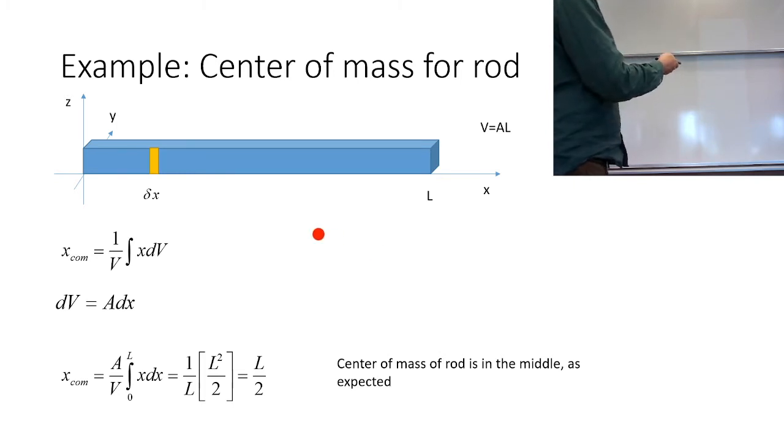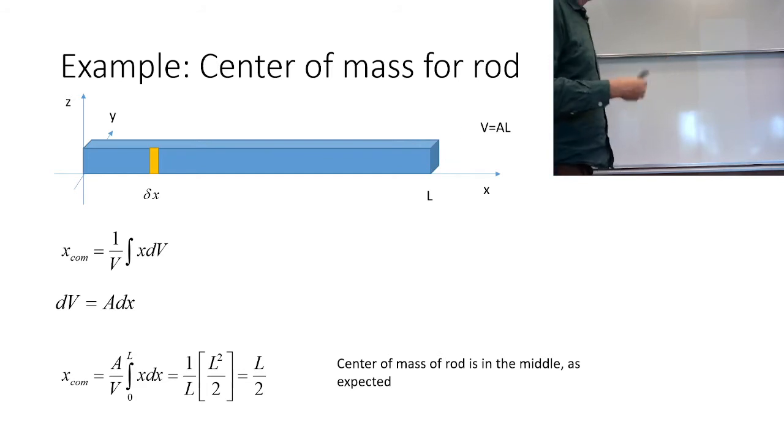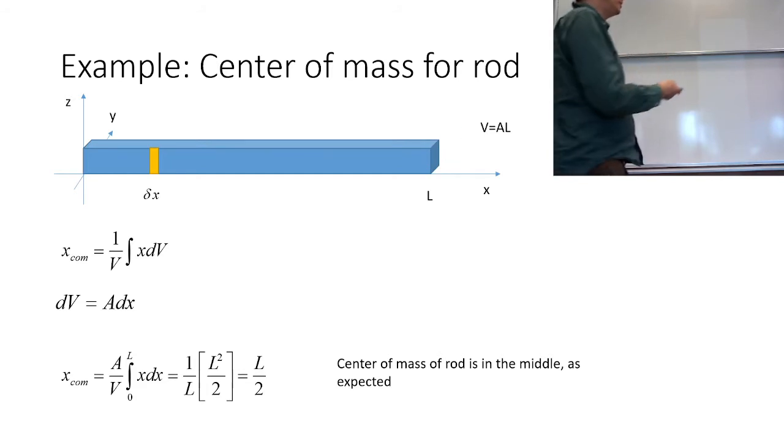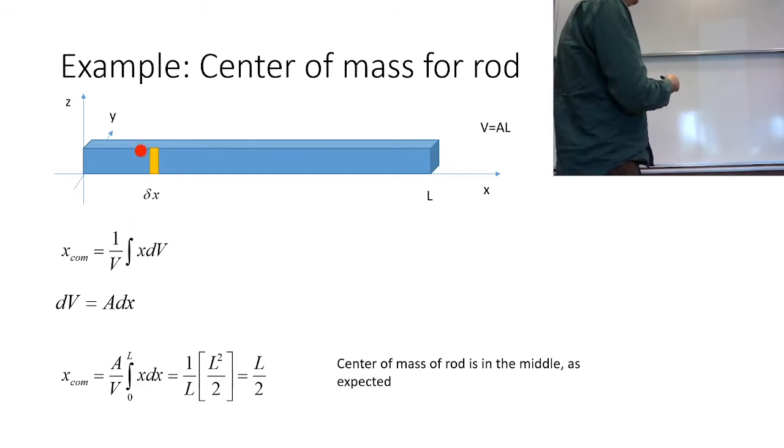You definitely need to integrate over x, but in the y and z directions it's uniform, so you can take a tiny slice of this rod as your infinitesimal volume element.